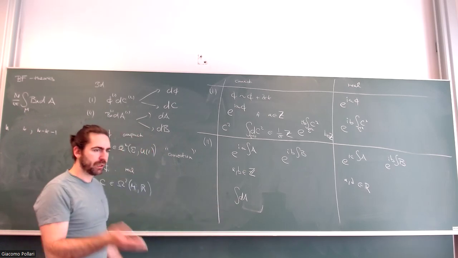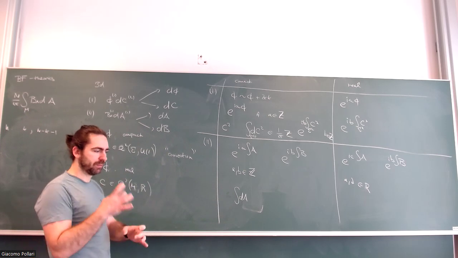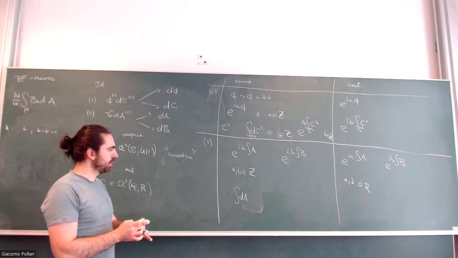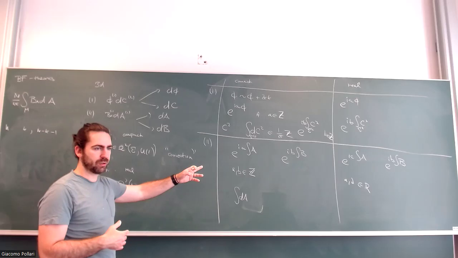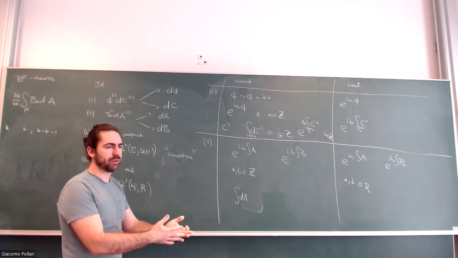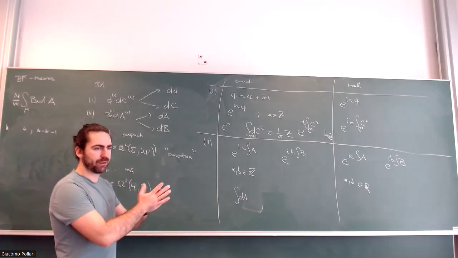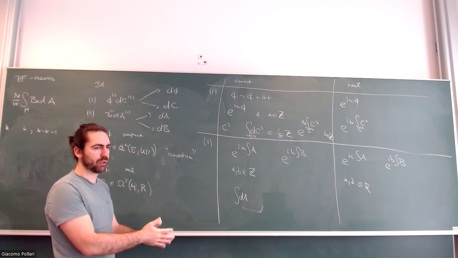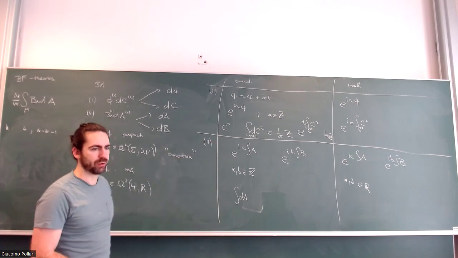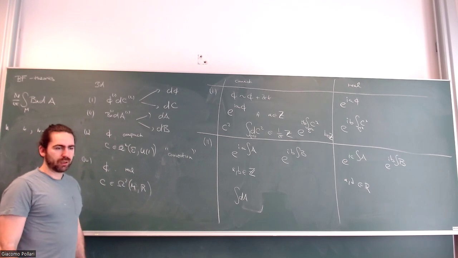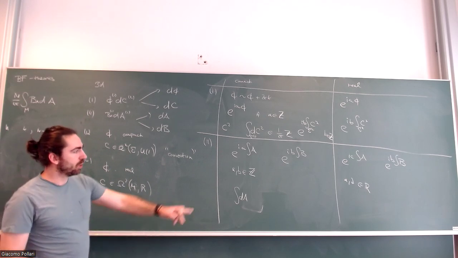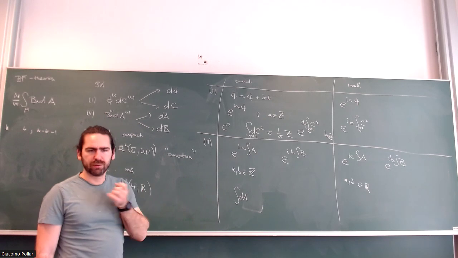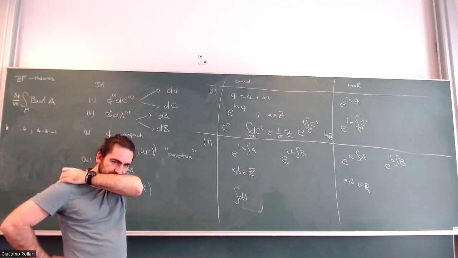I cut it along the patch overlap and use the fact that there are large gauge transformations, but they are U1 valued. So at least I know that it's valued in Z, or multiples of Z. So are you saying that B and A and C and phi are not globally defined?